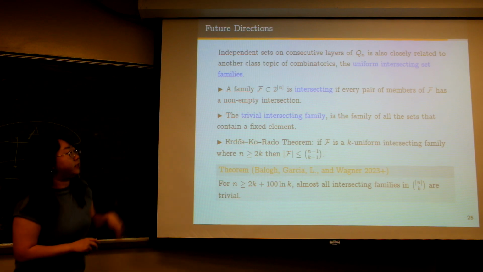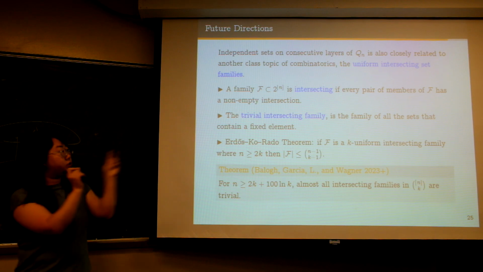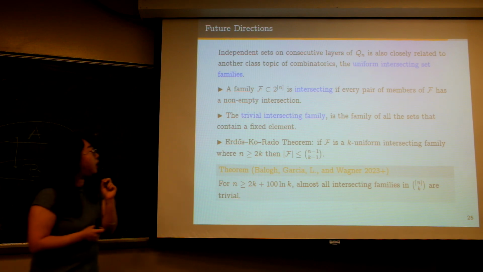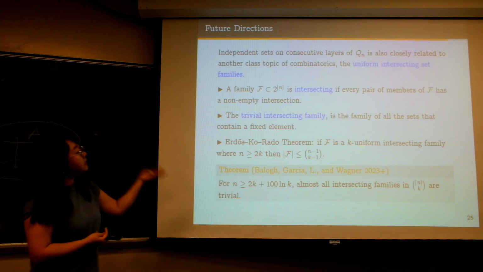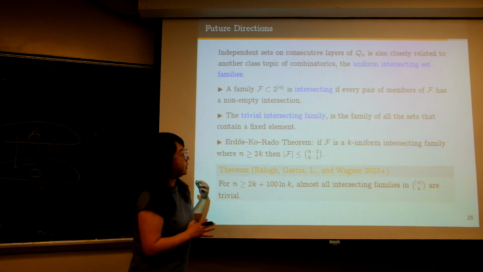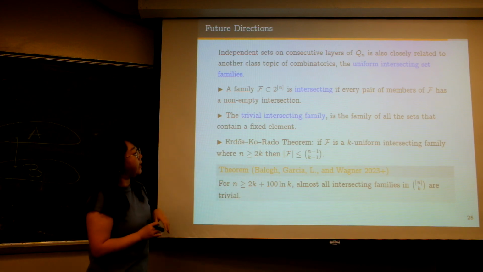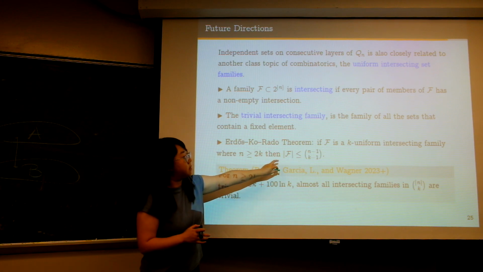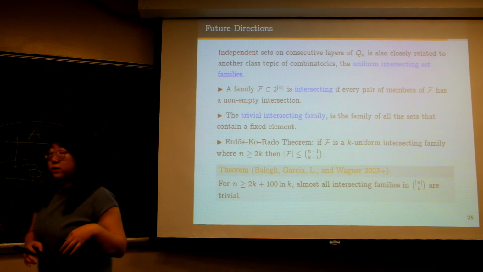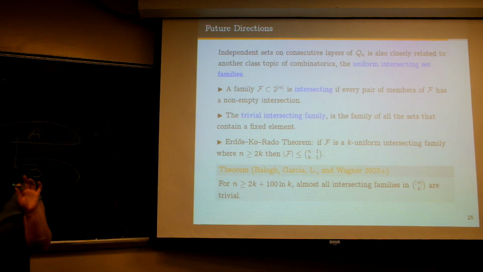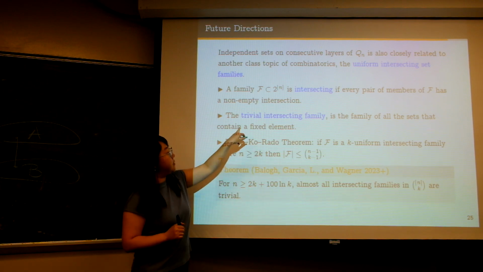The trivial intersecting family is where you just take all the sets which contain a given vertex, which is usually called the star. This is the star shape. And the very classical result on intersecting families is given by Erdős–Ko–Rado, which says that if F is a k-uniform intersecting family, and n is at least 2k, then the maximum size of this family is n-1 choose k-1. So it's kind of a standard extremal result, right? The extremal family is indeed this trivial family.